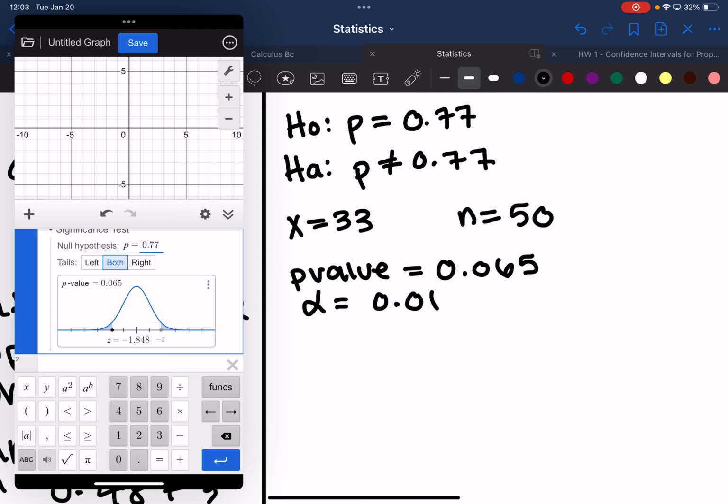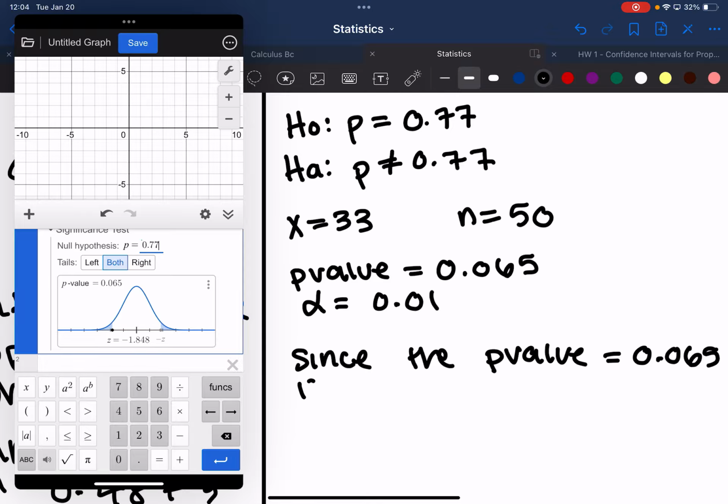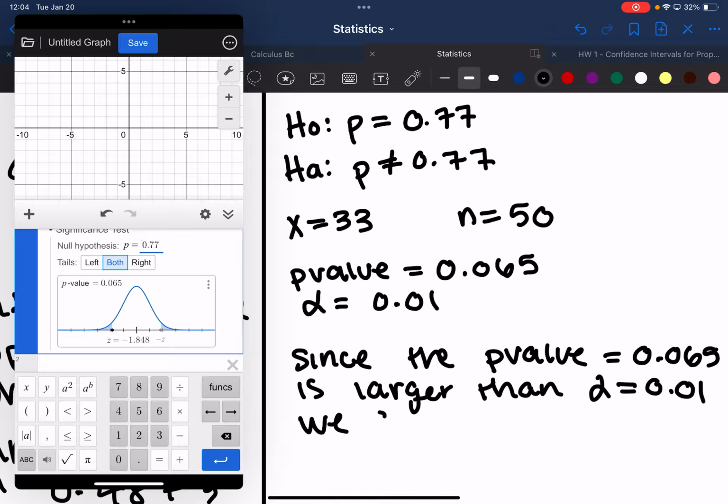So I'm going to start it off: since the p-value, which is equal to 0.065, is larger than alpha equal to 0.01, do we reject or fail to reject? Fail to reject. So we fail to reject the null hypothesis.